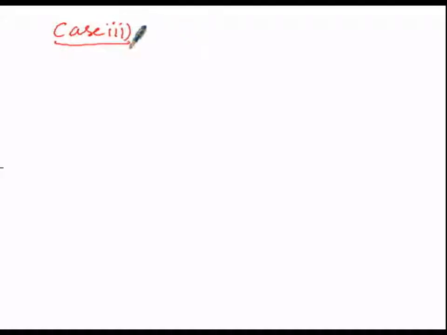See, in our case number 3, the relation R is given by means of the property is a subset of.